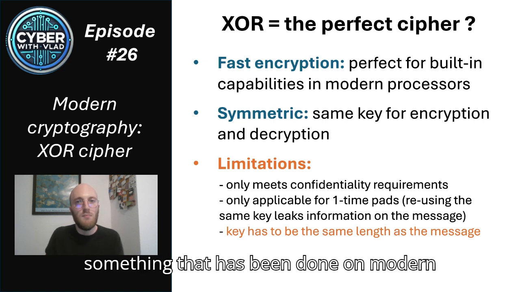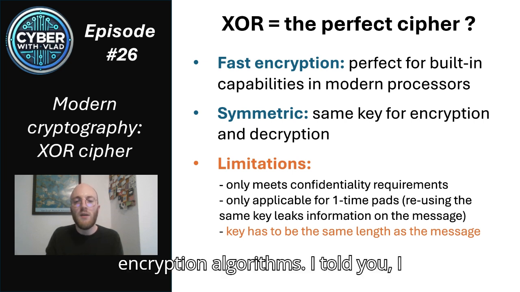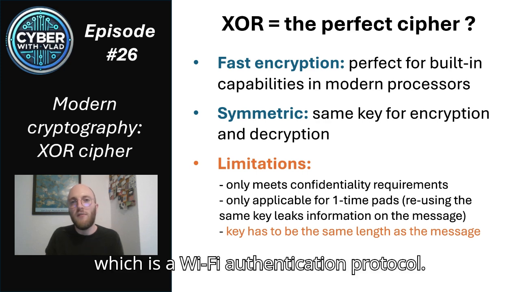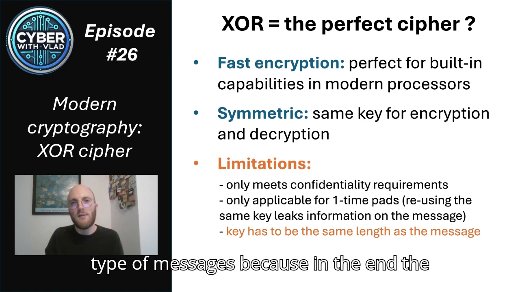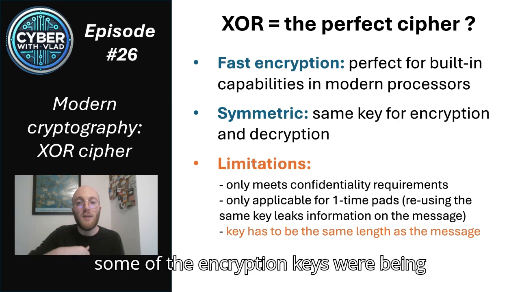This is something that has happened with real encryption algorithms. I told you in the previous video about WEP, which is a Wi-Fi authentication protocol. The WEP protocol was vulnerable to that type of attack because some of the encryption keys were being reused.